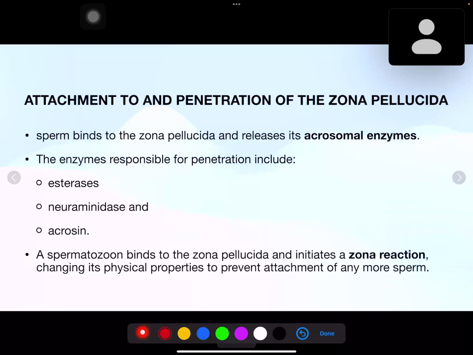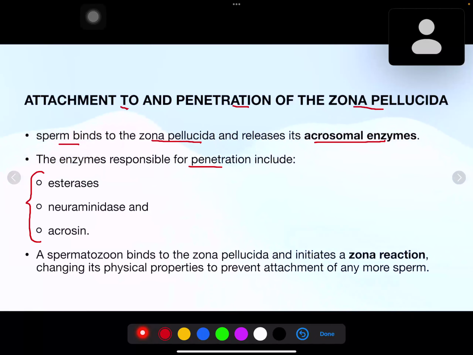Next is attachment to and penetration of the zona pellucida. The sperm binds to the zona pellucida and releases its acrosomal enzymes: esterase, neuraminidase, and acrosin. Then it initiates a zona reaction, which changes the physical properties of the zona to prevent attachment of any more sperm.